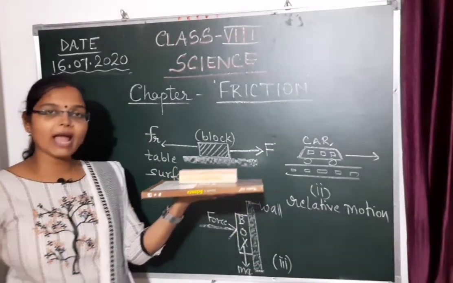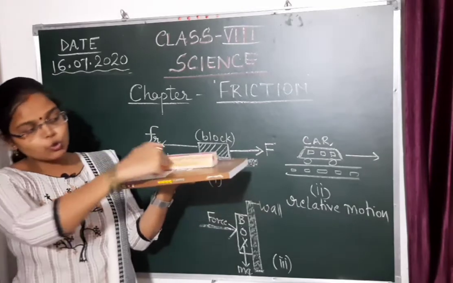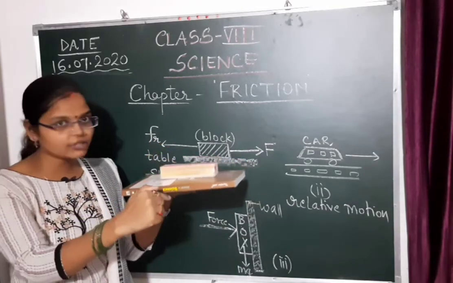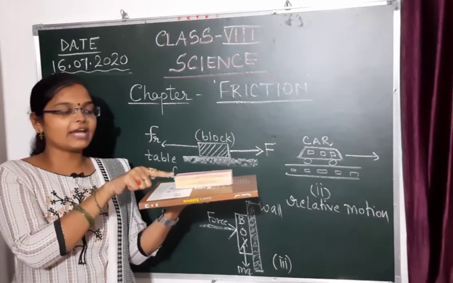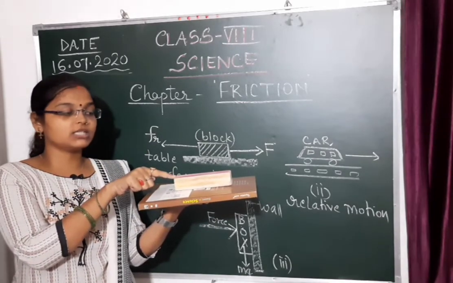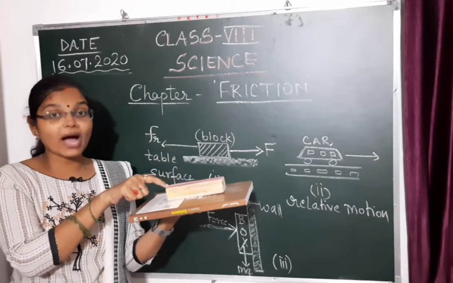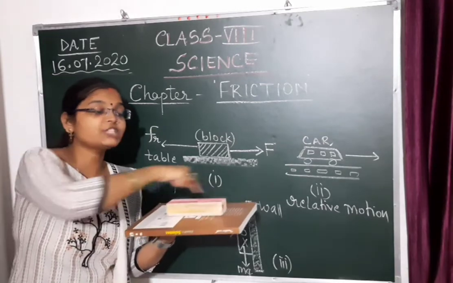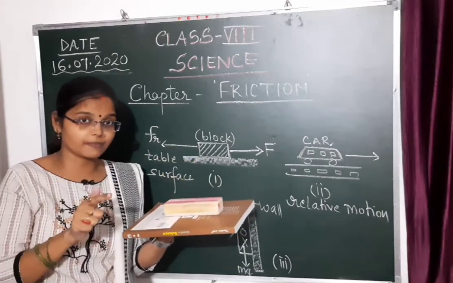Let us see with this example. There is a book in my hand and a duster is kept on this book. Two surfaces are in contact with each other. This is the first requirement. I am applying force on this duster, but this duster is not moving from its position. Why? Because the net force is 0. You have already studied balanced force.